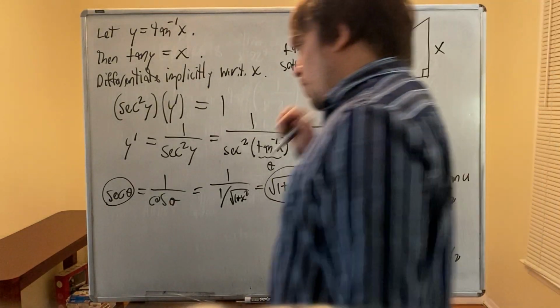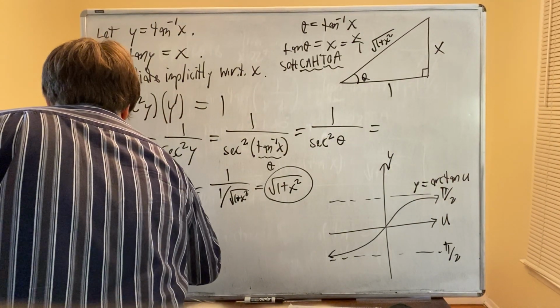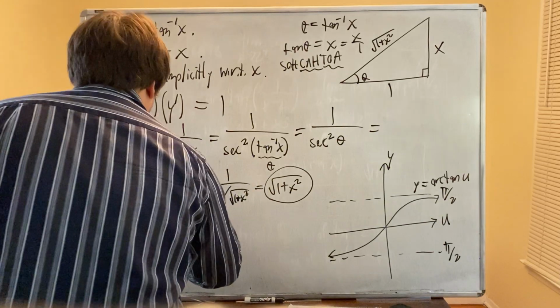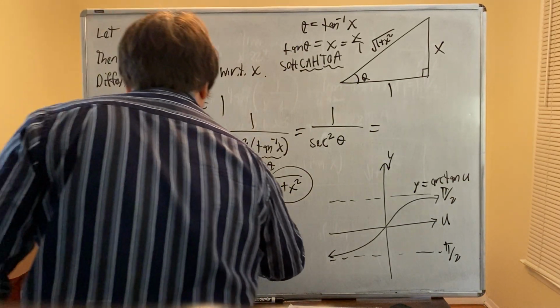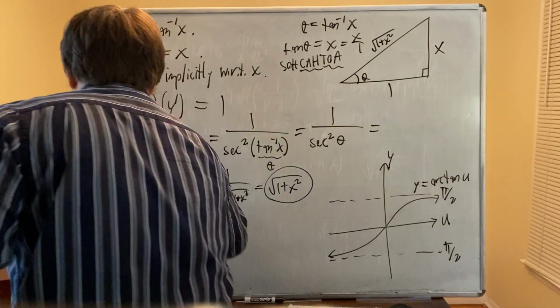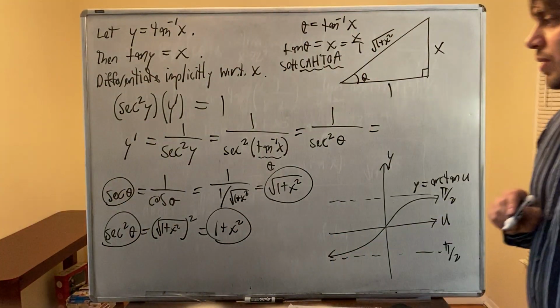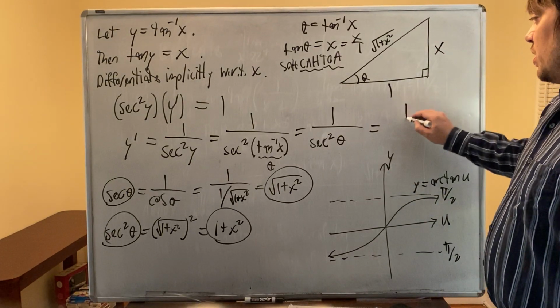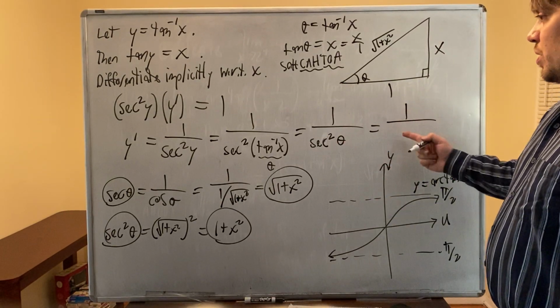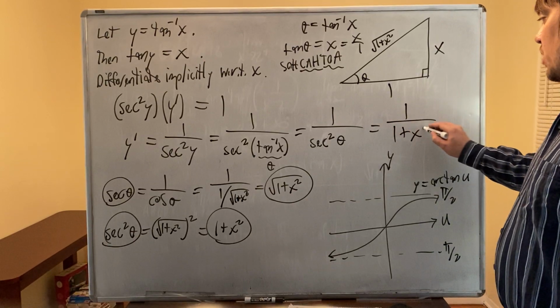And so secant squared theta is equal to the square of the square root of 1 plus x squared, which is 1 plus x squared. And so in the denominator we have secant squared theta, then you just put 1 plus x squared there. So this is equal to 1 over 1 plus x squared.